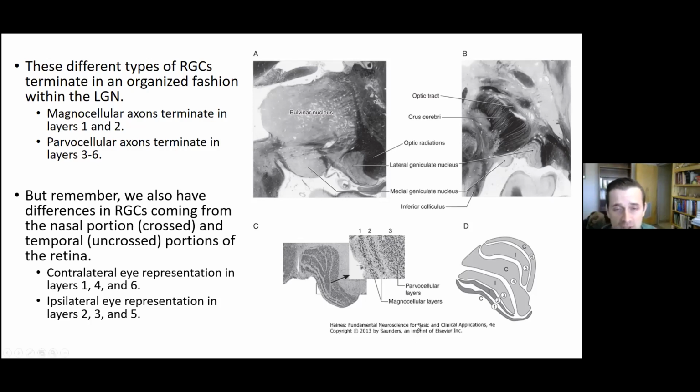So contralateral or opposite side eye representation is relegated to layers 1, 4, and 6. Ipsilateral or same side eye representation is relegated to layers 2, 3, and 5. And so that's your C's and I's designating that contralateral or opposite side, and ipsilateral or same side designations in the lateral geniculate nucleus.